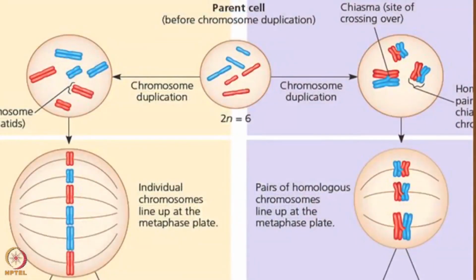So, in this case, not the individual chromosome, but rather the pair of homologous chromosomes reaches the metaphase plate, metaphase 1. And then these homologs get separated during anaphase 1 and telophase 1, and therefore the daughter cells which are produced have both red and blue patterns together, right.